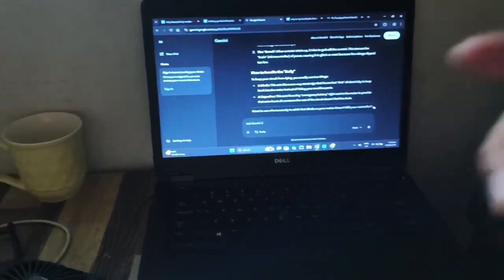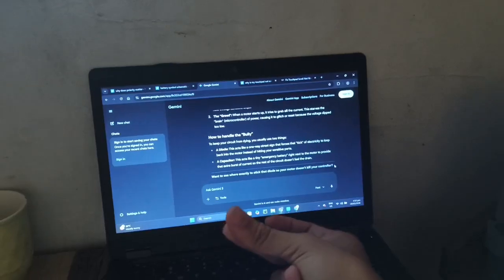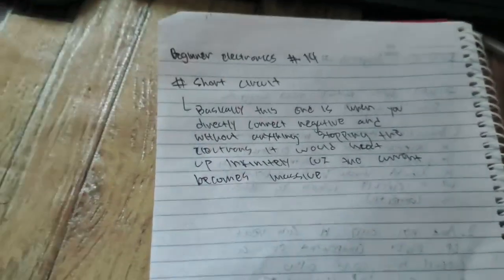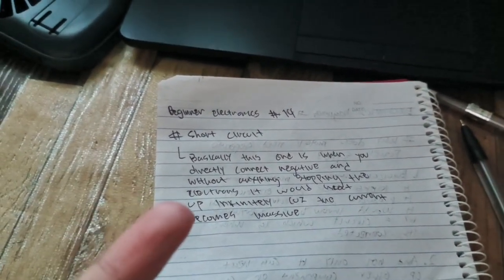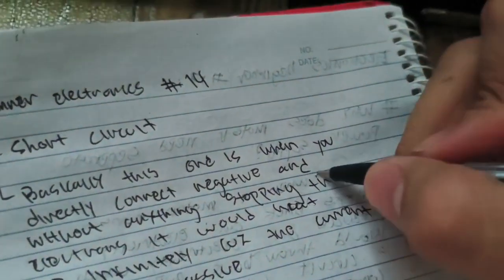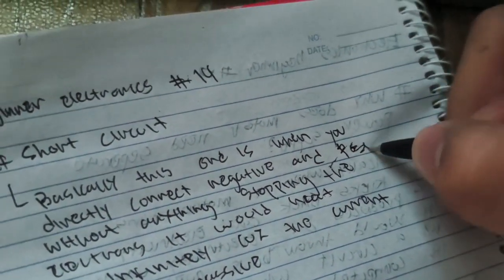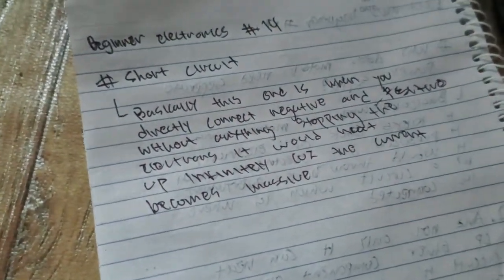Last but not least is a short circuit. I guess this one is pretty easy. A short circuit is when you directly connect negative and positive without anything stopping the electrons.